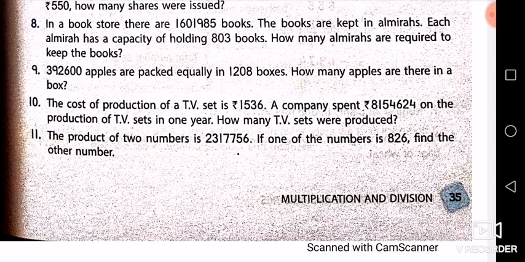So today we have done most of the questions having the keyword 'how many'. And the last question, number 11, is finding the other number when one number and the product of two numbers have been given.